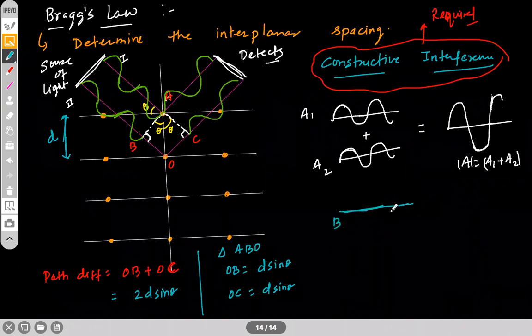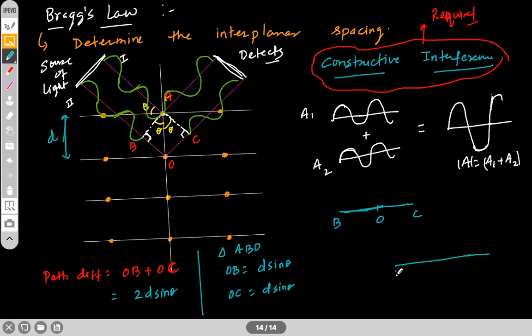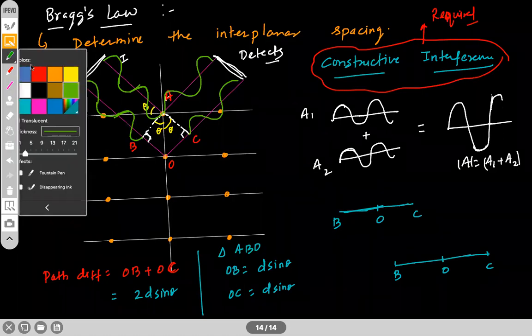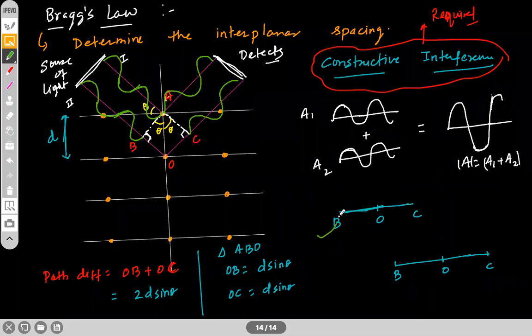We have B here, O here, and C here, and similarly B, O, and C. So at B, the wave is coming from down, and at C, it is going up like this.